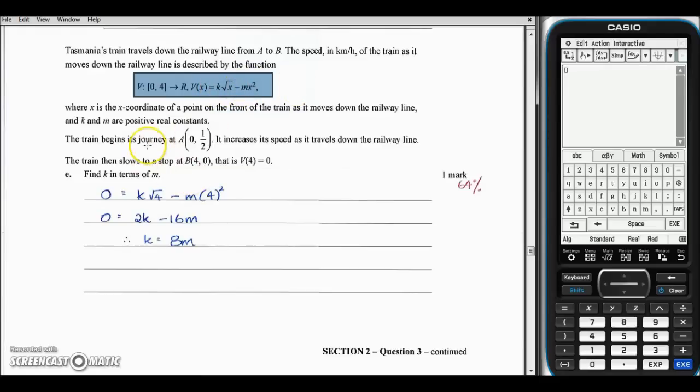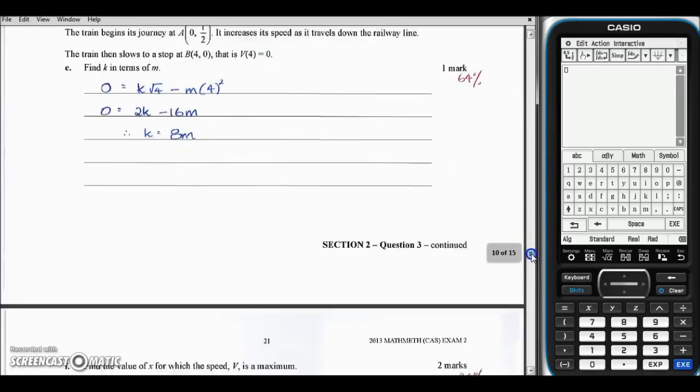We're told that the train starts at (0, 1/2), and when it gets to (4, 0), the speed's 0. So v(4) is 0. If you just sub that in, this question's pretty easy. To find k in terms of m, sub in 0 for v and sub in 4 for x and solve, you get k equals 8m.